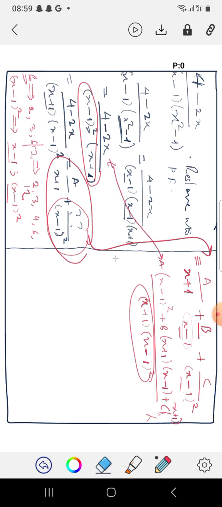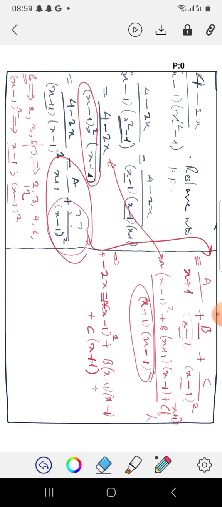This implies that 4 minus 2x is equivalent to a into x minus 1 raised to the power 2, plus b into x plus 1, x minus 1, plus c into x plus 1.